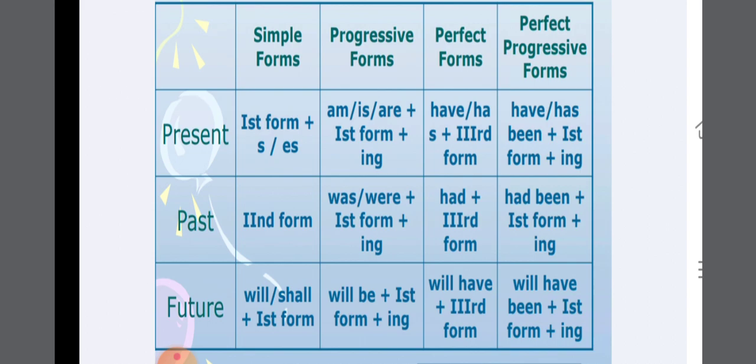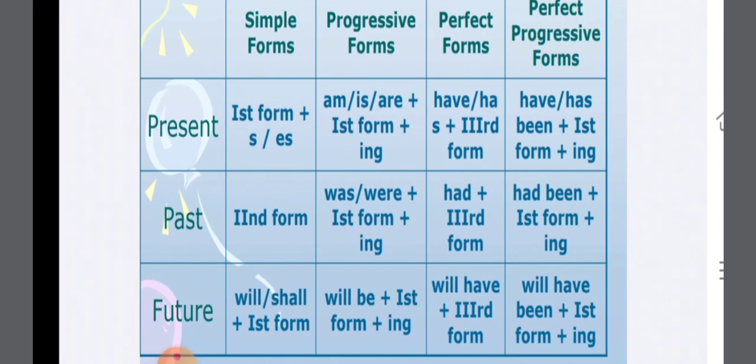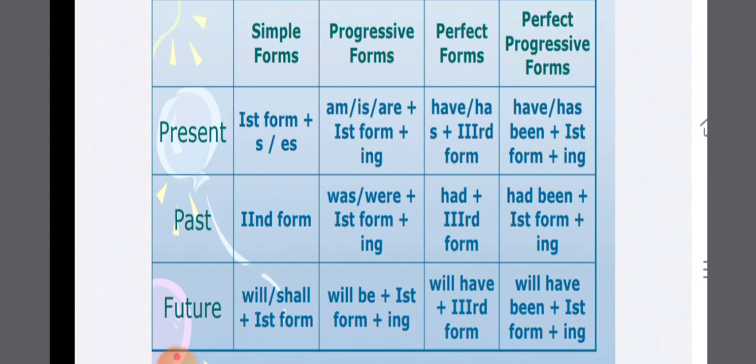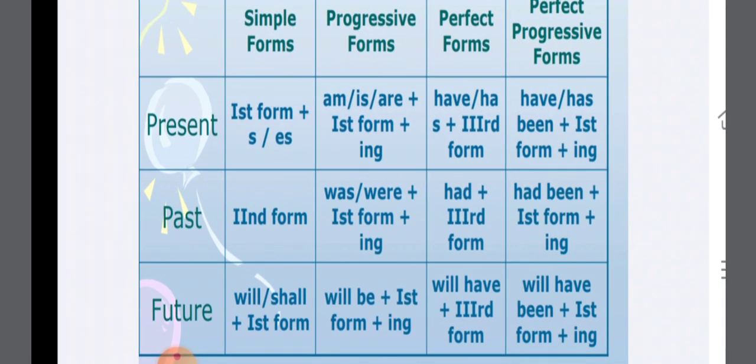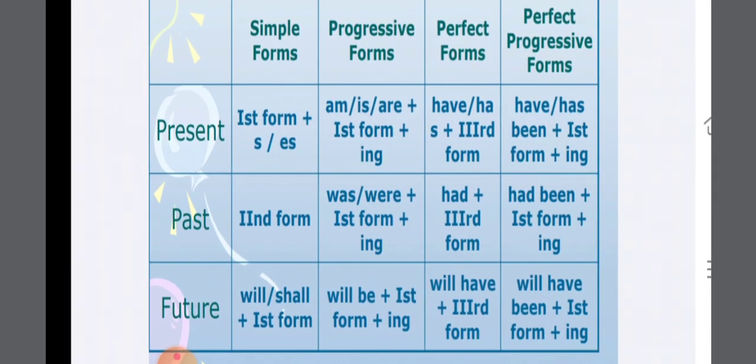And the future we get in the simple form: shall or will plus first form of the verb. In future continuous: shall be or will be plus first form plus ing. In the perfect form, future perfect: will have plus third form of the verb, then after the object.